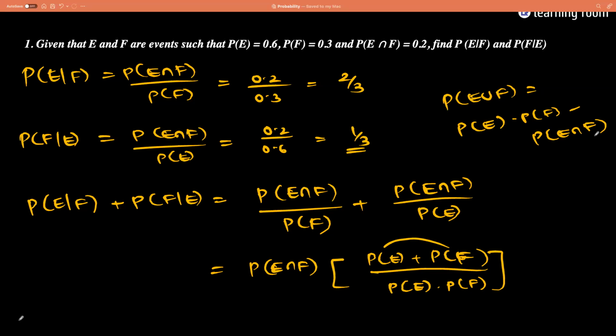Probability of E plus probability of F. That's what I wrote, no? In the formula, sir, in the P of E union F, top right corner. Oh, sorry. Yeah. P of E plus P of F minus P of E intersection F.